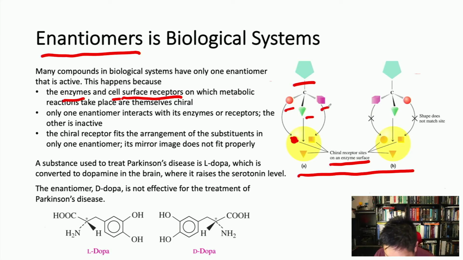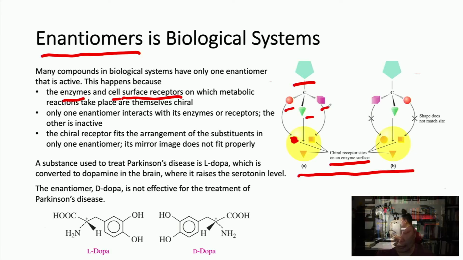Pyramid and square, right? That's definitely chiral. And the active site on the enzyme surface is a circle, a square, and a triangle. So a molecule that's chiral having the arrangement circle, pyramid, and square is the only one that can fit into these shapes to become active.